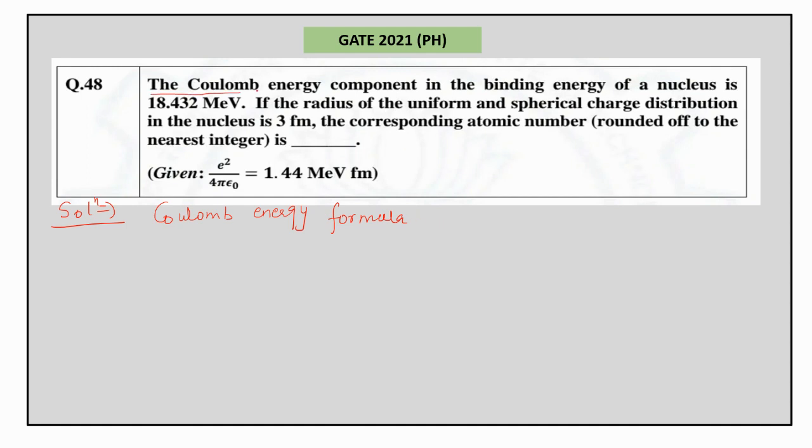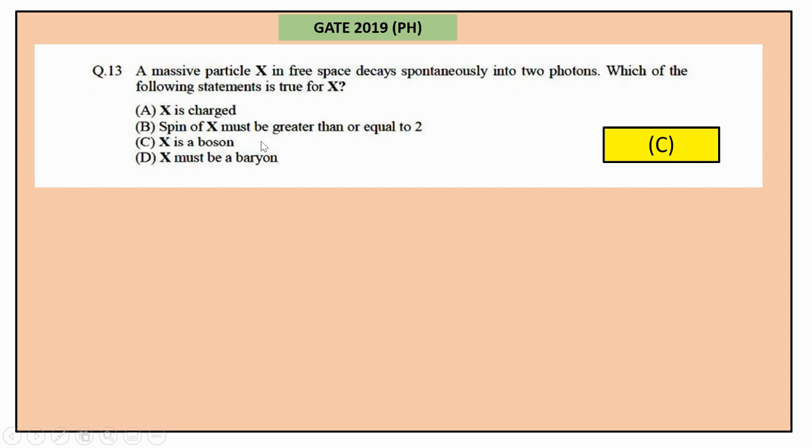The Coulomb energy component in the binding energy of a nucleus is 18.432 MeV. If the radius of the uniform and spherical charge distribution in the nucleus is 3 Fermi, the corresponding atomic number rounded off to the nearest integer is.